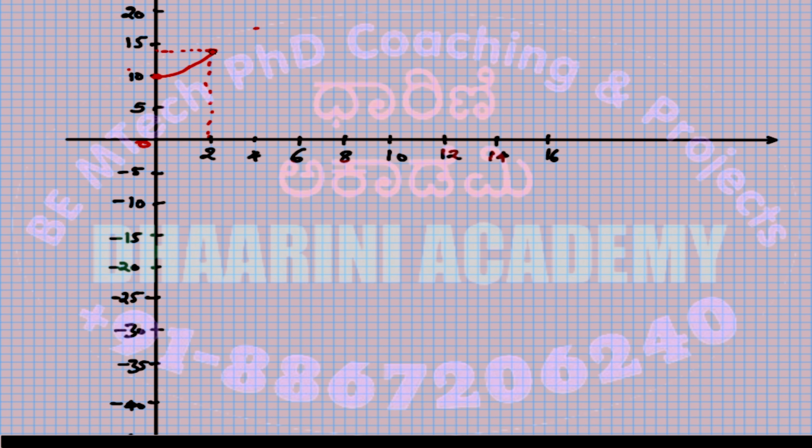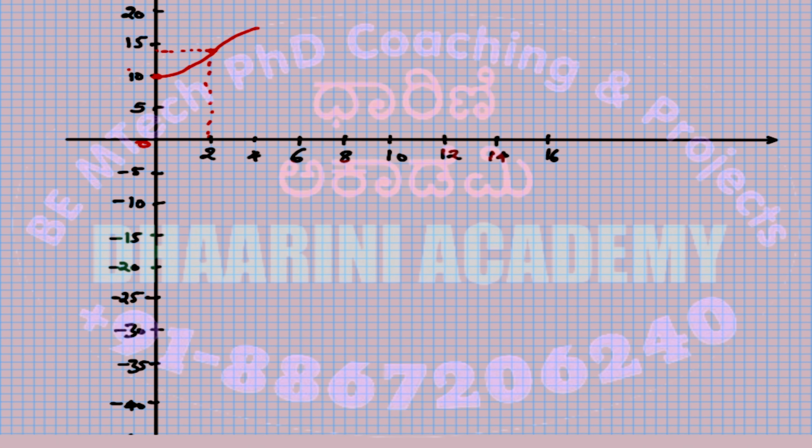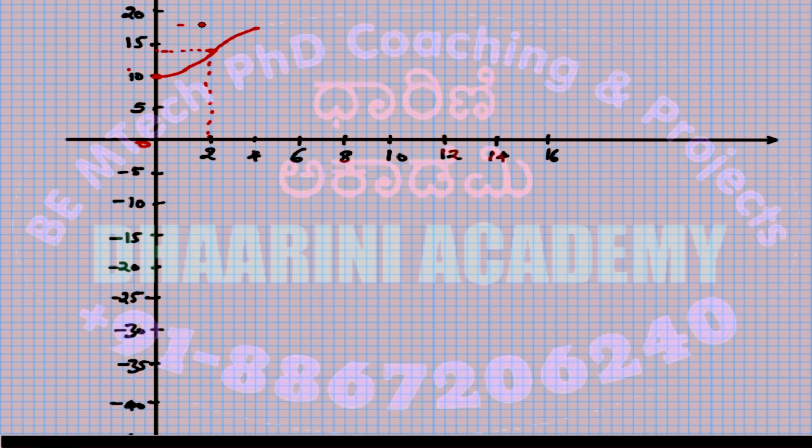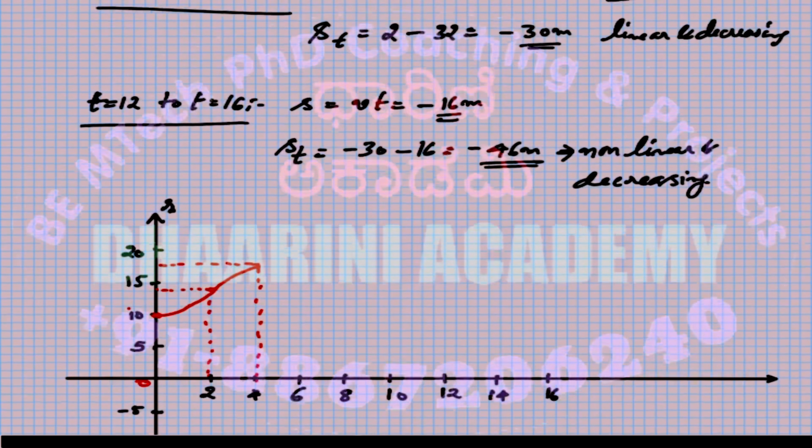So it actually increases in the opposite in some other fashion. So maybe like this. Okay, so this is somewhat 18 and this is at 4. All right, then let's go further.